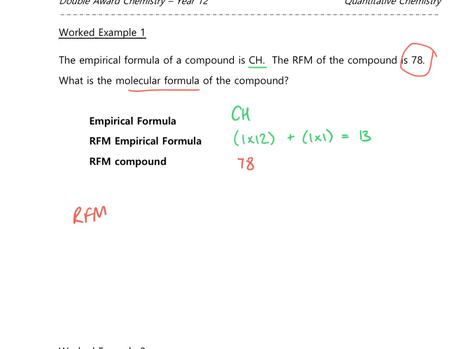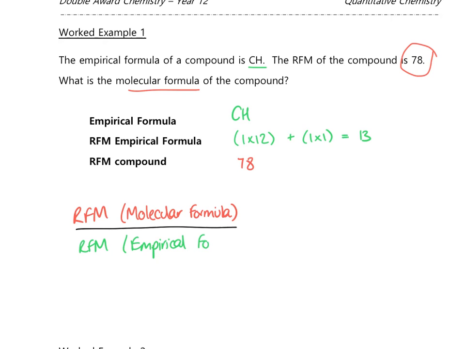So the RFM of our molecular formula, in other words, the RFM of the whole compound, since the molecular formula represents the actual number of atoms in our formula, divided by the RFM of the empirical formula, which is equal to 78 over 13, and that ratio is 6.